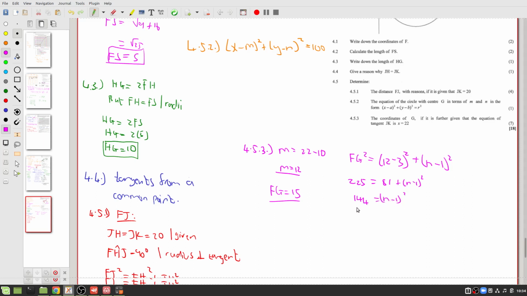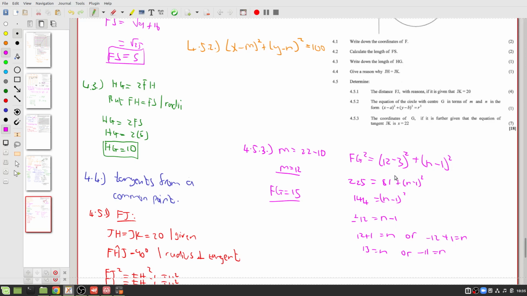So then we take the square root of both sides. So plus or minus 12 equals n minus 1. So we get either 12 plus 1 for n, or negative 12 plus 1 equals n. So we get 12 plus 1, 13 equals n, or negative 12 plus 1 is negative 11 equals n.